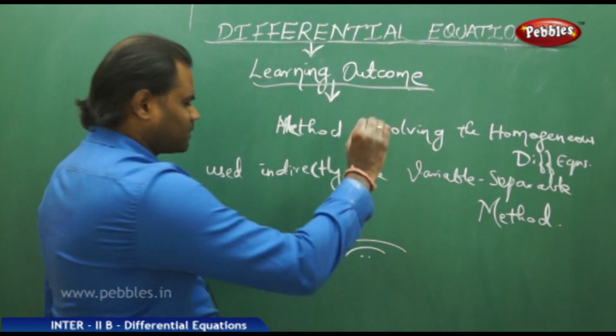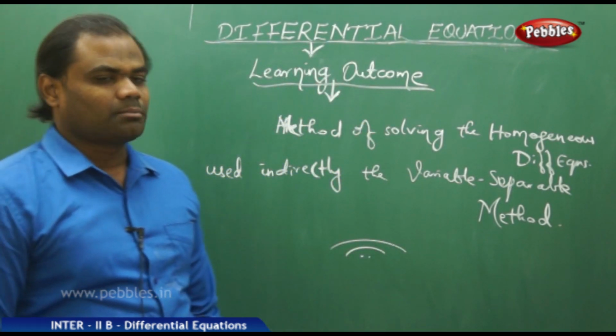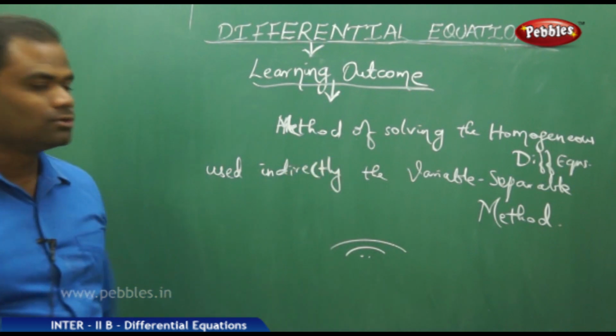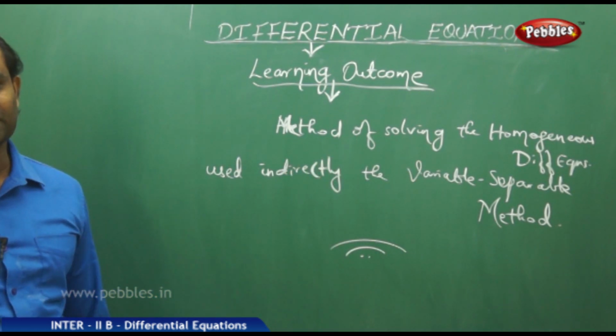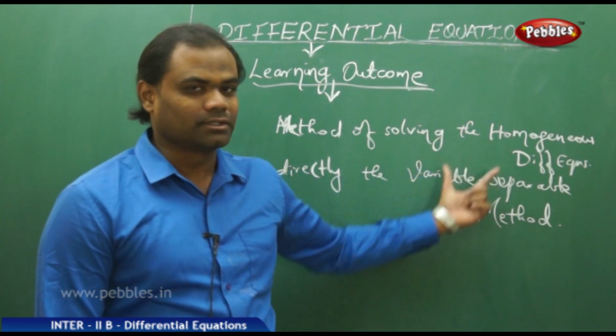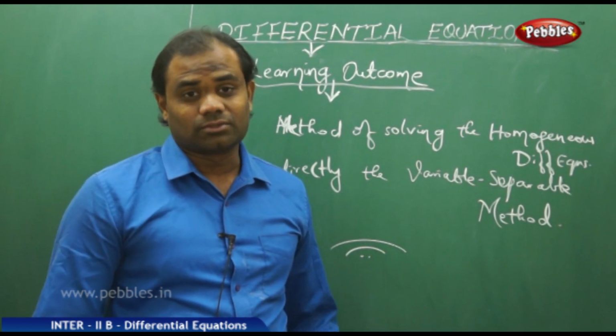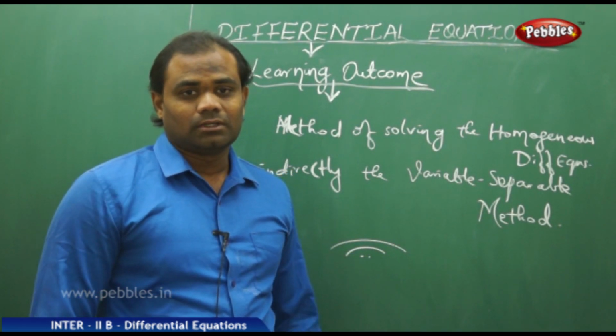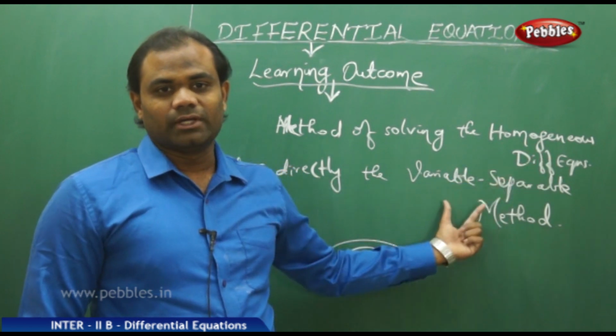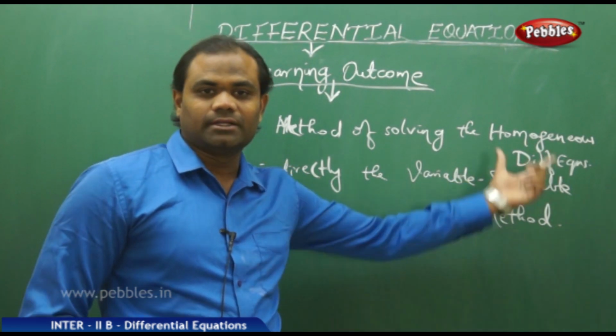That is how we understand the separation of variables and homogeneous differential equations are very much connected. Method 1 and method 2 are connected because method 2 can be used only if method 1 is applied indirectly in method 2.